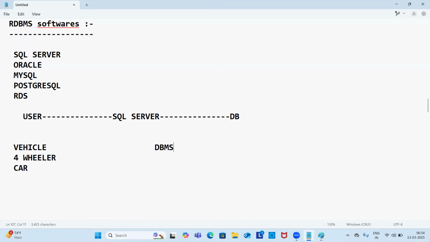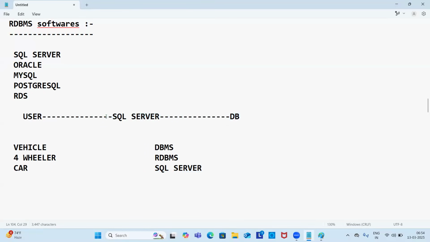They use DBMS. Which DBMS? RDBMS. Which RDBMS? SQL Server. That's all.